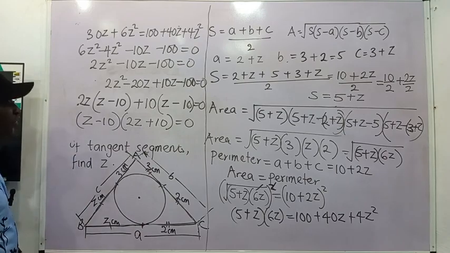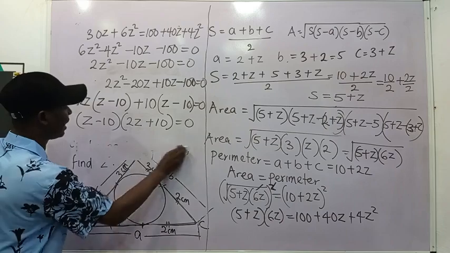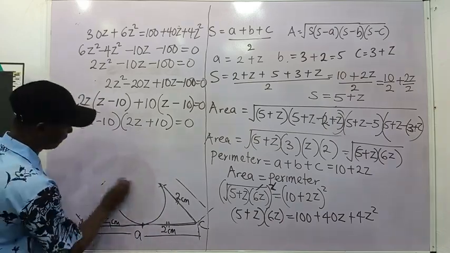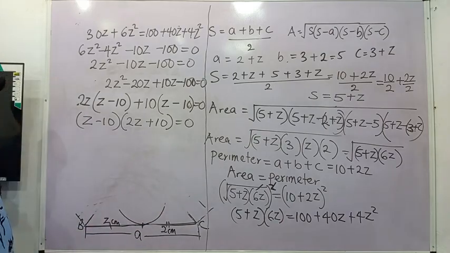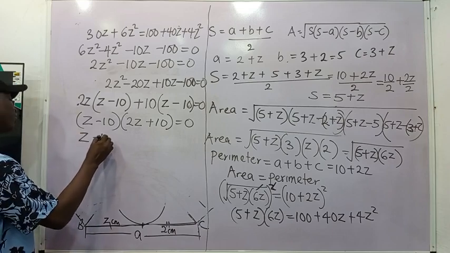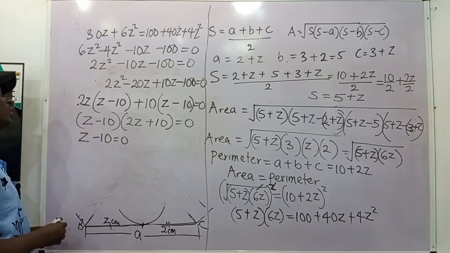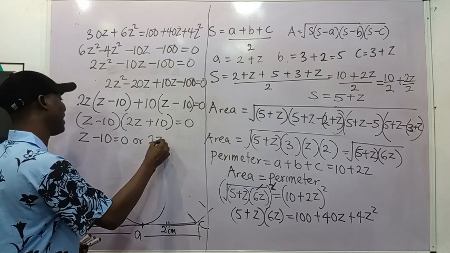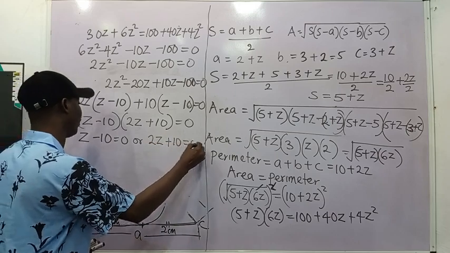So if you solve these two now, what we want to have is z minus 10 equal to 0, which is the first answer, or 2z plus 10 equal to 0.